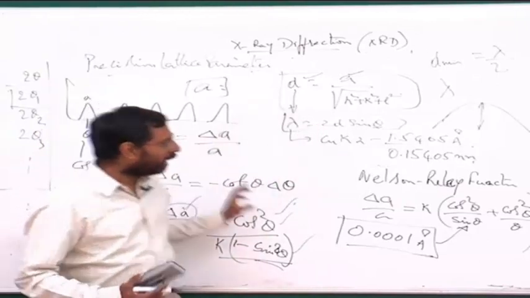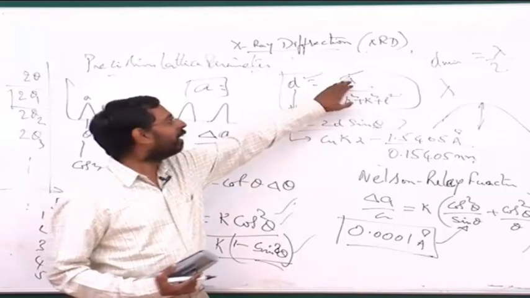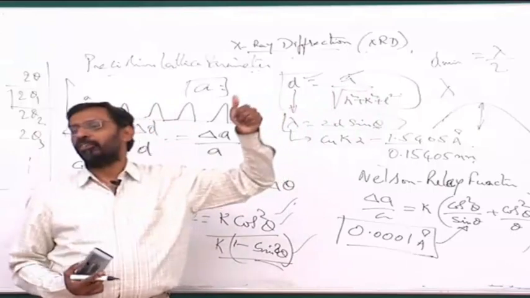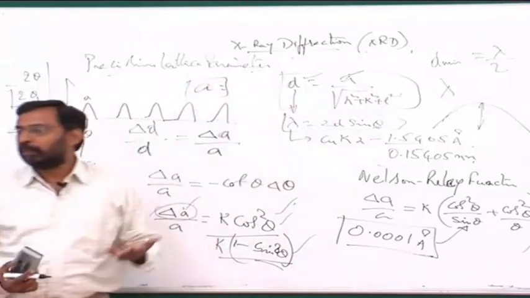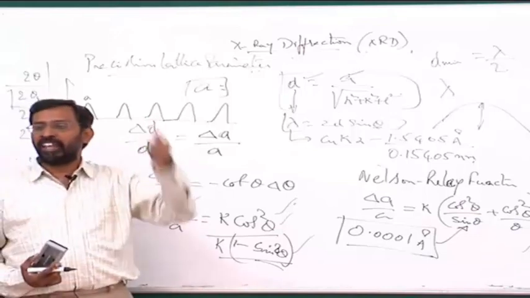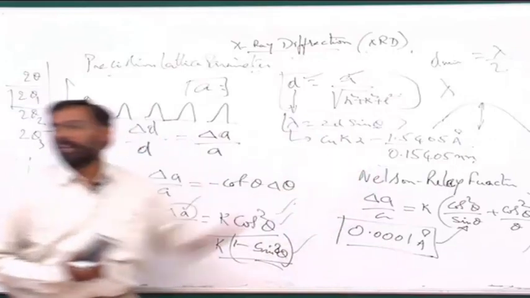Once you have the A for each of the peaks, if it is a non-cubic system, you will not have only one A. You will have A, B, C, all of them. All of them have to be found out more accurately if you want to get a precise A, precise B, precise C. So the calculations become a little more complicated.